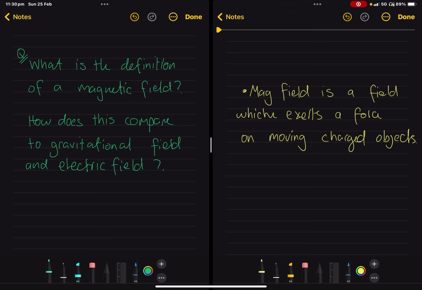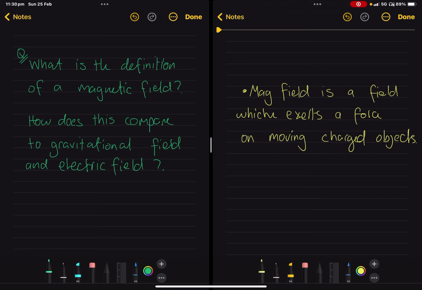Now we should note that the force exerted on the charged objects is not in the direction of the object's movement. It is perpendicular to the object's movement. So the force is perpendicular to the movement in this case.